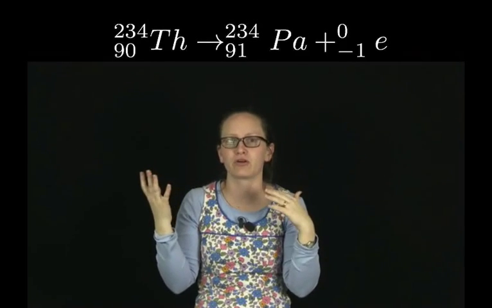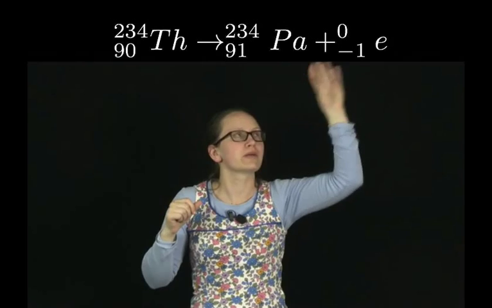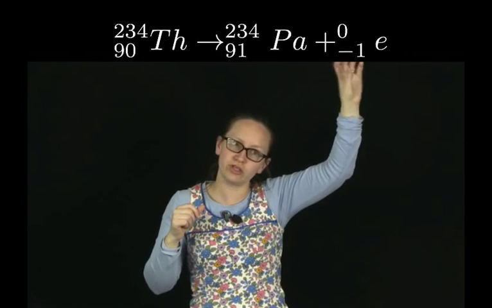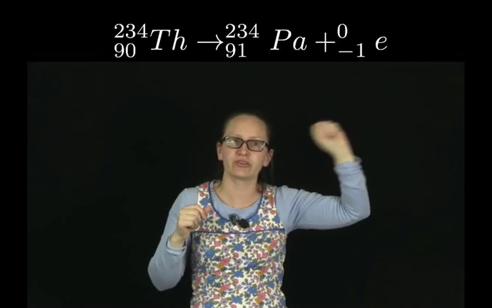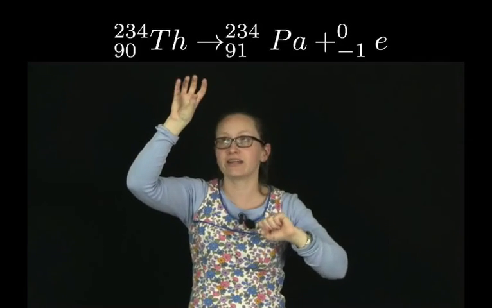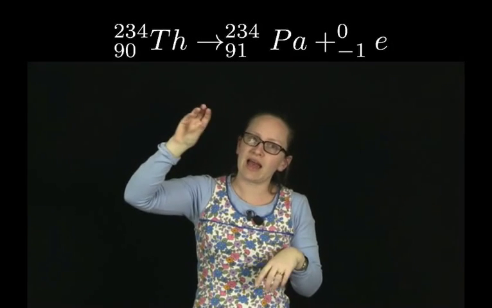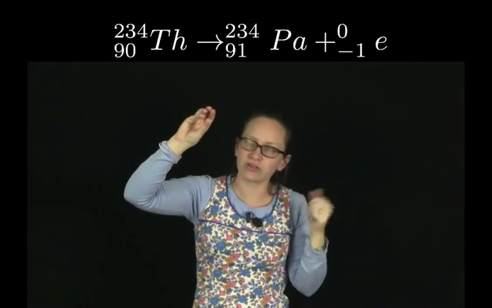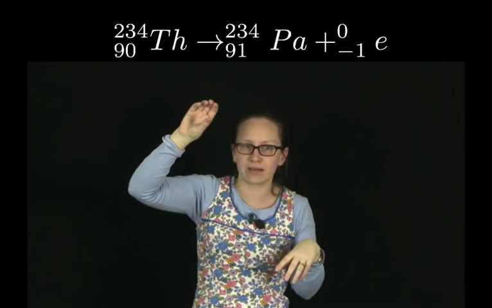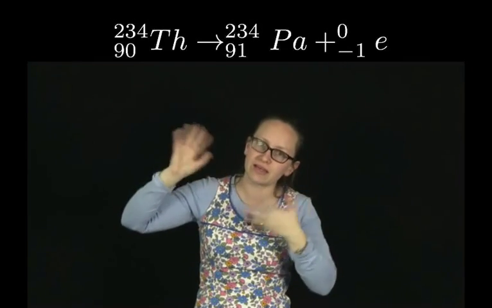An example of this is the decay of thorium-234 into protactinium. This can be written as thorium with 234 nucleons and 90 protons being converted into Pa, which is protactinium, which still has 234 nucleons but has an extra proton, so its atomic number is 91, plus the beta particle, which is the electron.